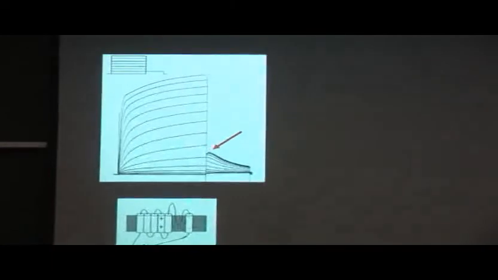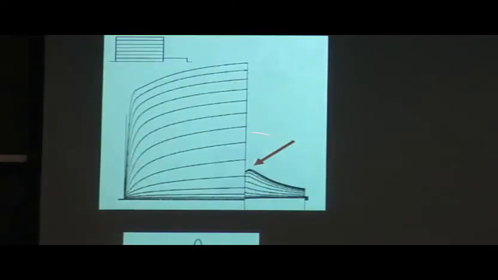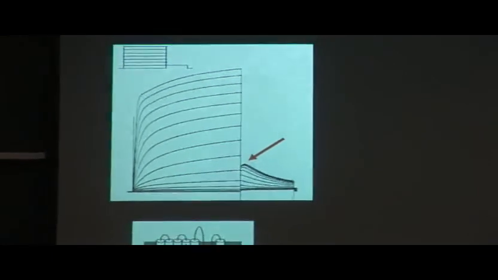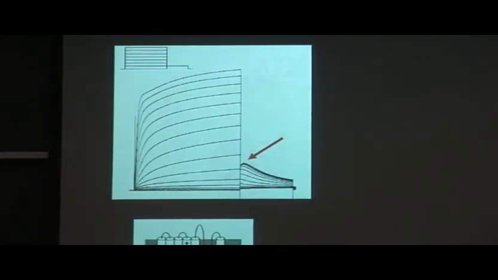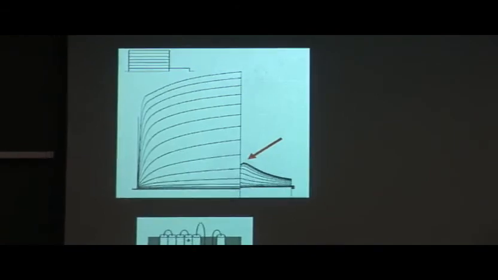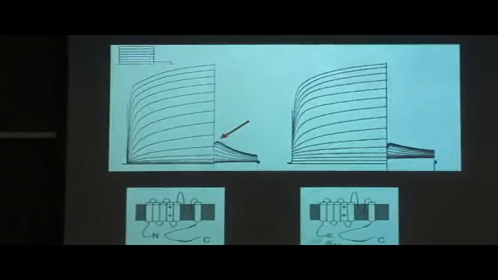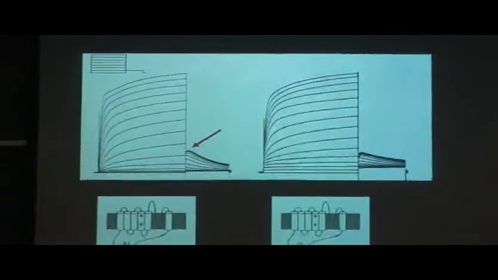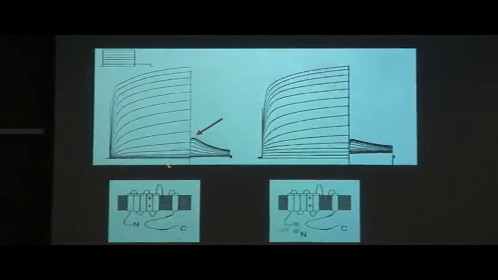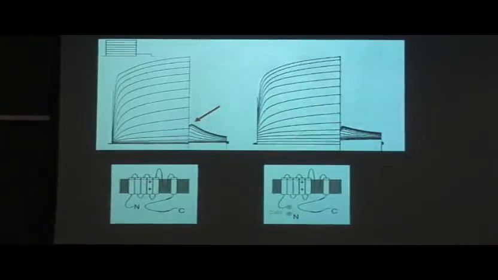So here are just KCNQ1 currents by themselves, and you can see this little hook in the tail current, suggesting this kind of hidden inactivation revealed by this step to minus 60 at the end. And then when we make a concatamer where we've now linked calmodulin to the N terminus of the channel, we can see that you still have the hook, and you can still see what looks like normal KCNQ1 currents.